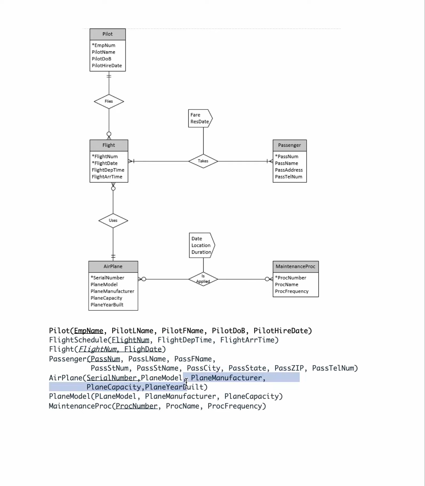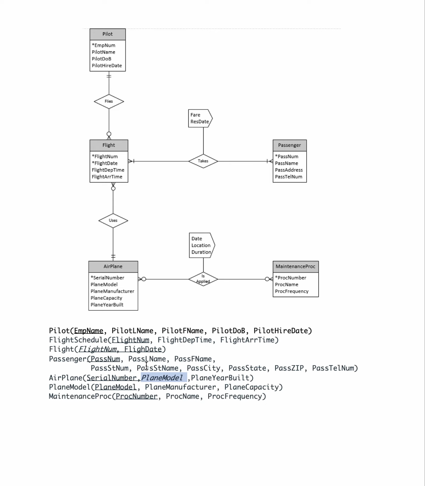And we can remove these attributes now from plane. We make plane model the primary key in the new entity that we just introduced, and we record that it's a foreign key in the entity that it came from, namely airplane. So now we have the tables in third normal form.